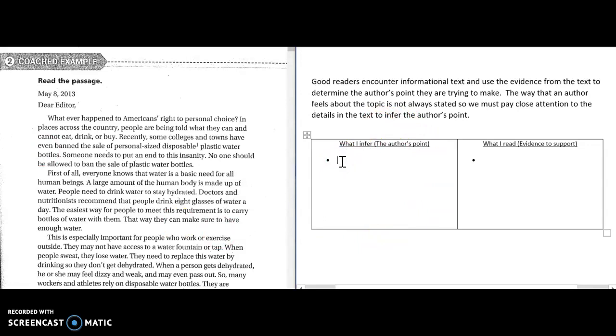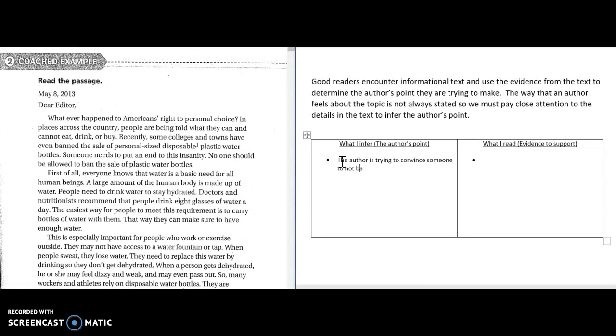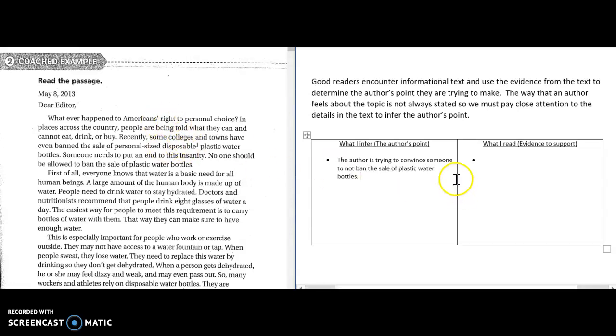So what I infer is that the author is trying to convince someone, maybe a city leader, to not ban the sale of plastic water bottles. Again, this is what I inferred because it doesn't say that anywhere, but what did I read?